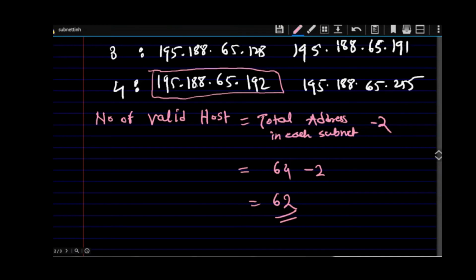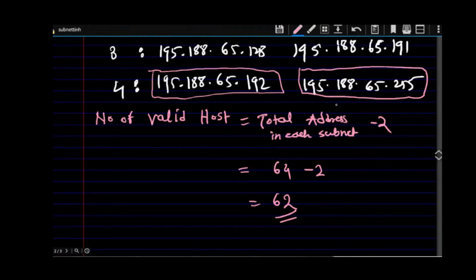This address is not assigned to any end device, host, or computer. The last address is specifically used for direct broadcasting. So these two addresses are reserved in each subnet and are never assigned to any machine.